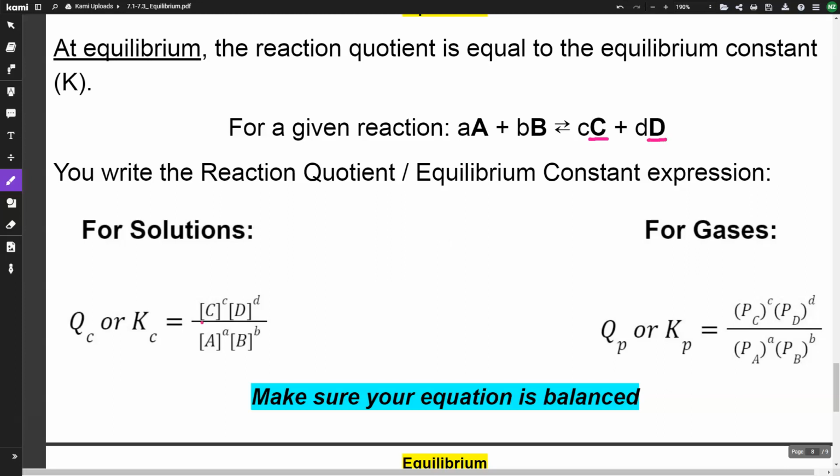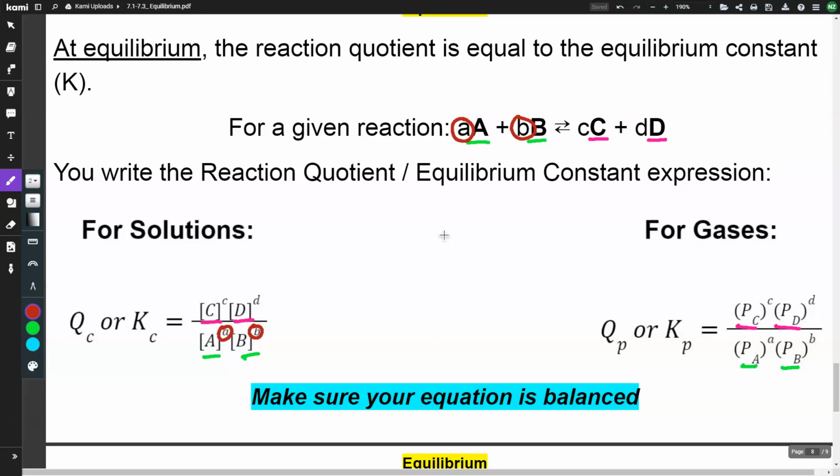Okay, so notice we have products over reactants. Okay, all of our coefficients become exponents. Okay, so in all cases, all of our coefficients become exponents.